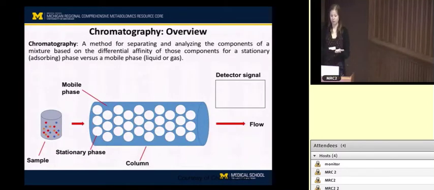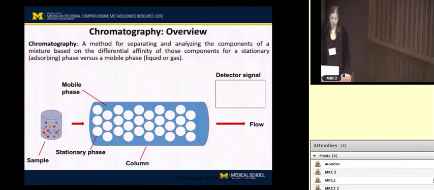Generally, in any type of chromatography, what we're using as a basis for the separation is a distribution of our analytes between a mobile phase and a stationary phase with different chemical properties. And the distribution of our analytes between those two is dependent on the analyte properties.